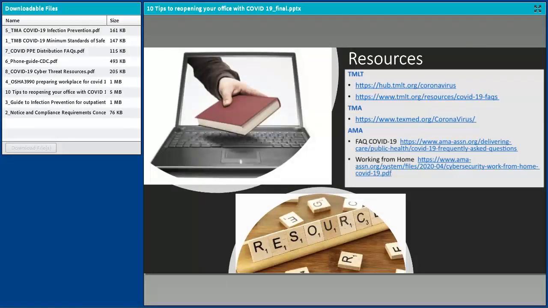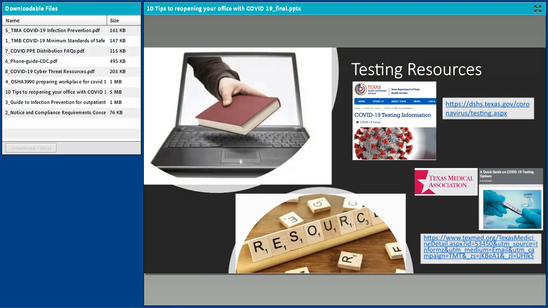There are lots of good resources out there on COVID-19, coronavirus, and we've just listed a few here for you from TMLT's Resource Hub, TMA, their coronavirus page. The AMA has a lot of good resources as well, and those links are active.